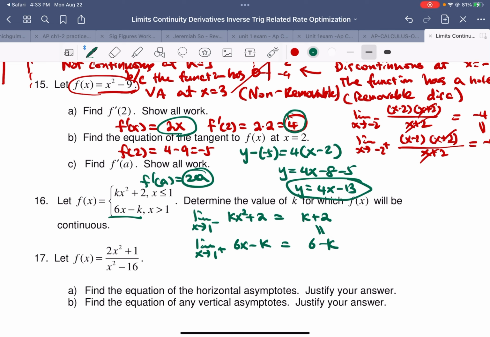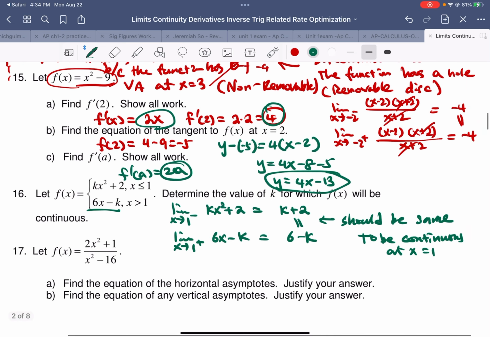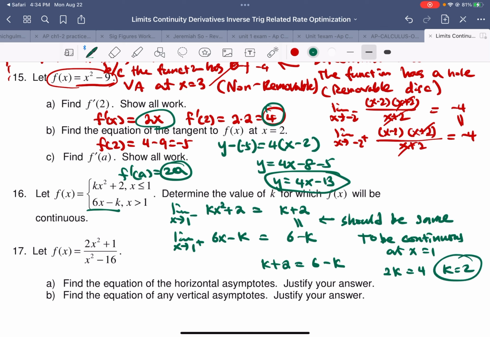They should be equal to be continuous at x equals 1, right? So k plus 2 equals 6 minus k. When you collect like terms, 2k equals 4, so k is 2. That's your final answer. In order to be continuous at x equals 1, the k value must be 2.